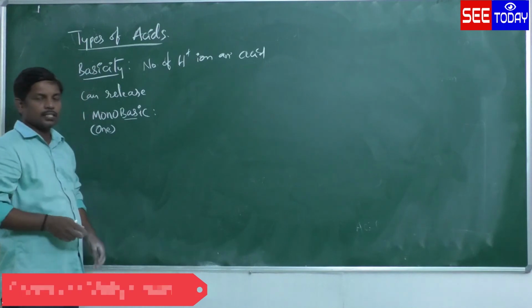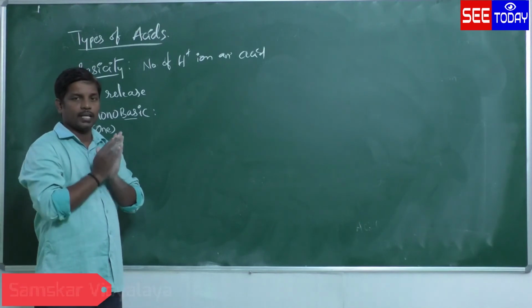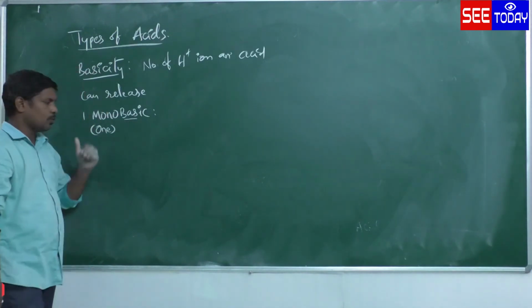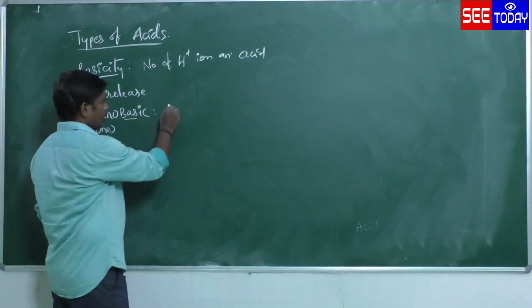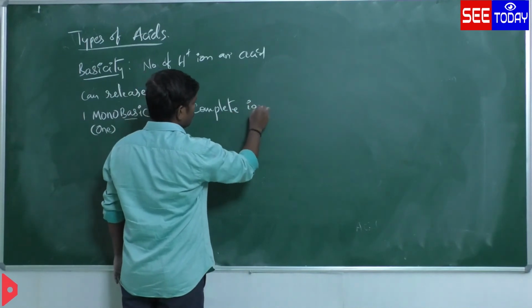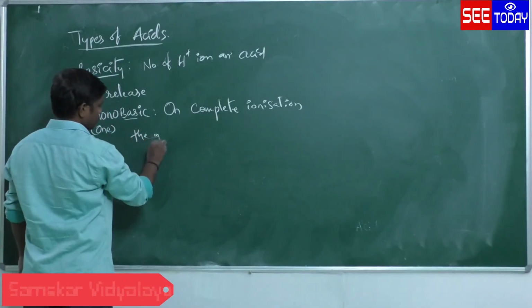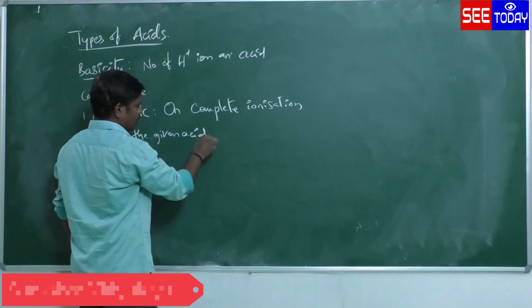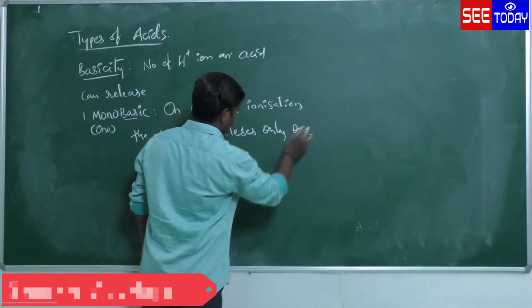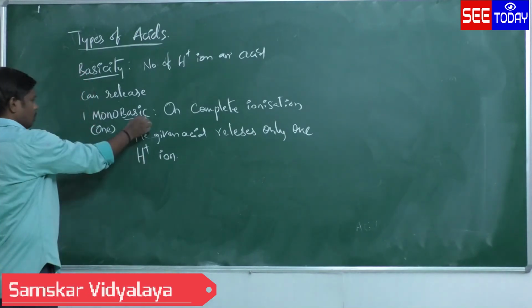So if the given acid is releasing only one H plus ion on complete ionization, such acids are called monobasic acids.